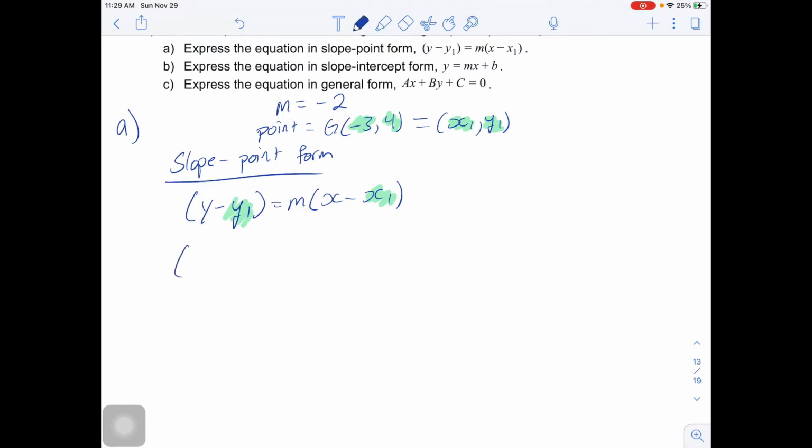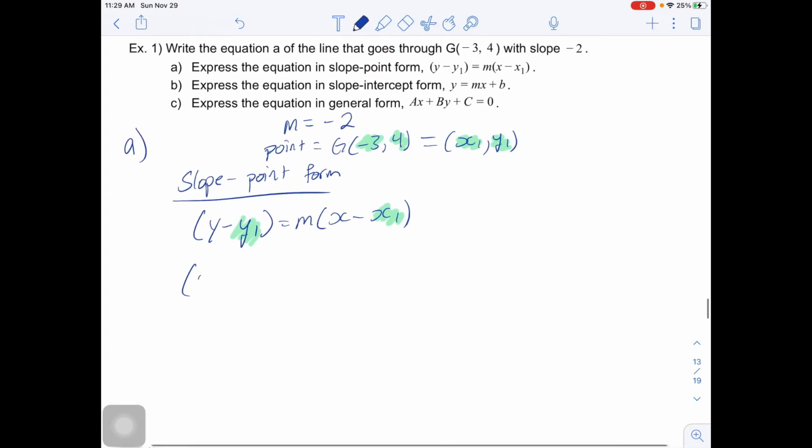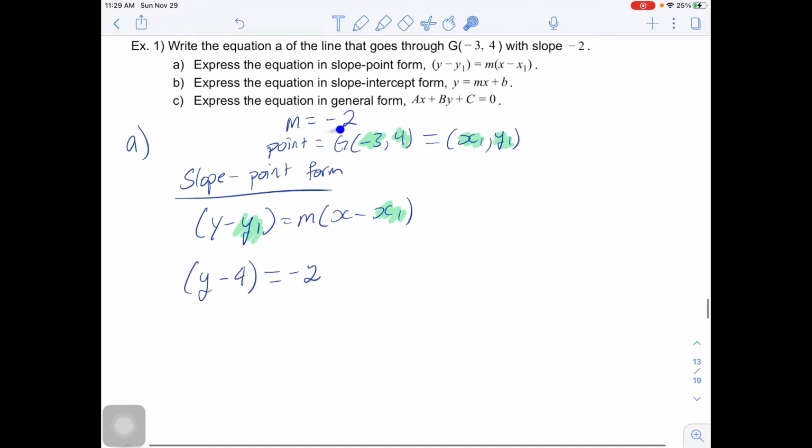So this will be y minus y1, and we've just determined that 4 is y1, so minus 4. m was my -2, right? And then x minus, this is important, minus, and I'm going to apply my -3 in here. So I'm going to substitute x1 with -3.